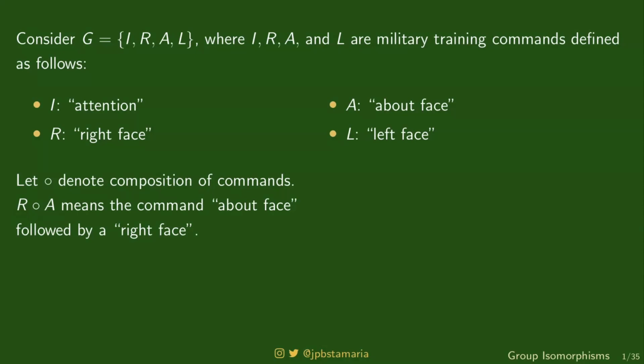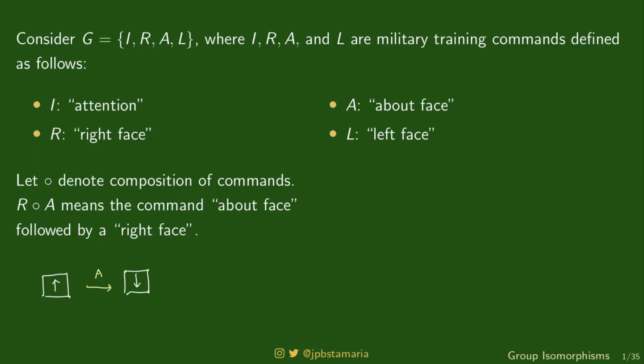You can think of your body as, let's say, a square, and this is your face. You're facing in that direction. If you apply an about face command, your position after executing the command is like this.